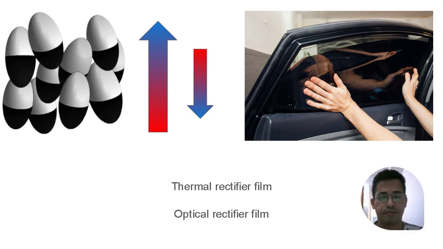Beyond this work, as future work, I would like to present that such material could be used to create optical rectifier films, which have a very similar feature. The light transmission along one direction, along the polar direction, is different in the opposite one.